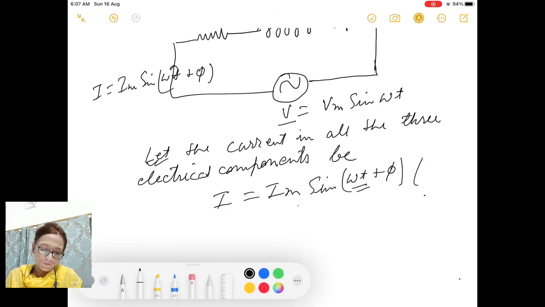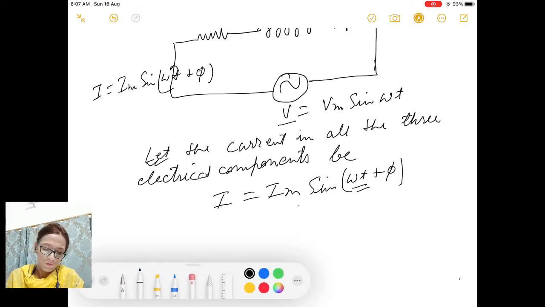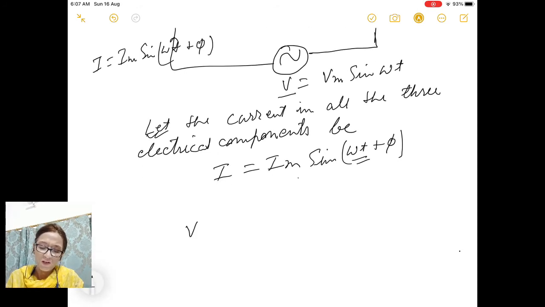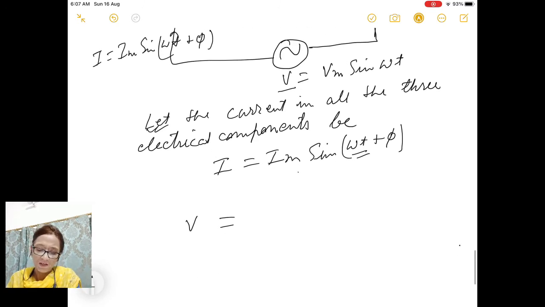Now this voltage will drop on all the three electrical components and voltage will not remain same because in series voltage varies as per the consumption. So let voltage V be divided on all the three components, VR plus VC plus VL.